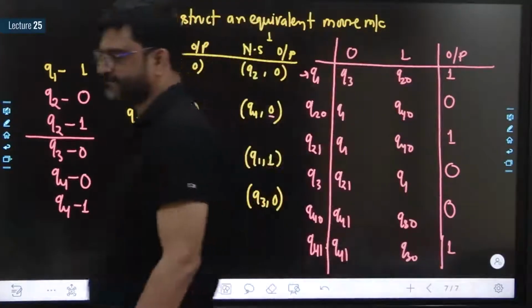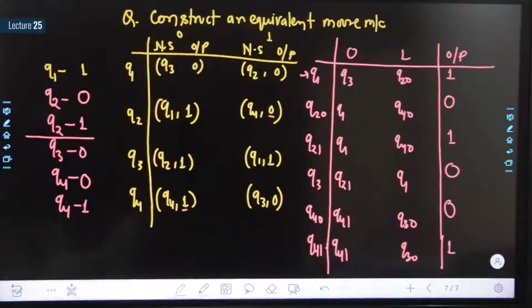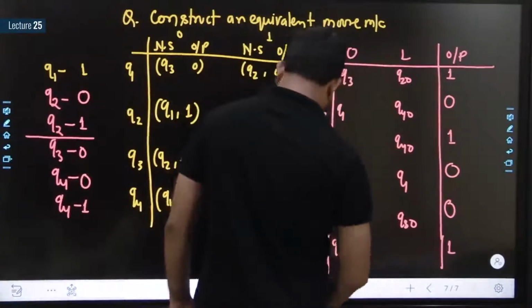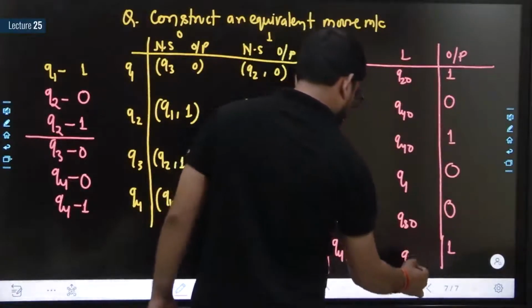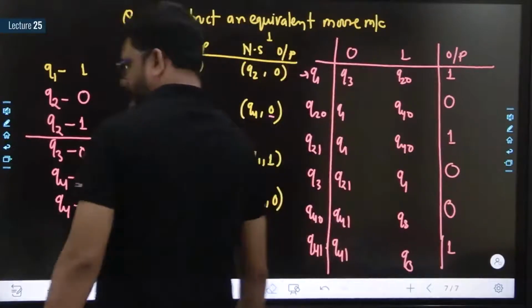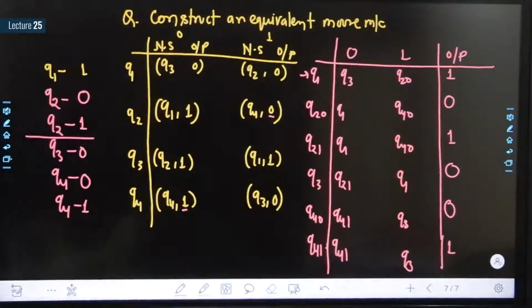Please check. For Q3, there is only one state. Please check.